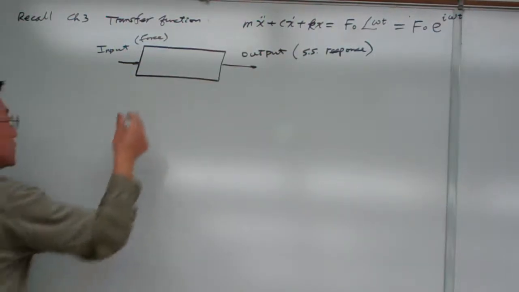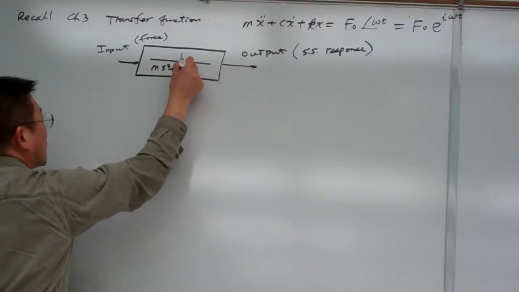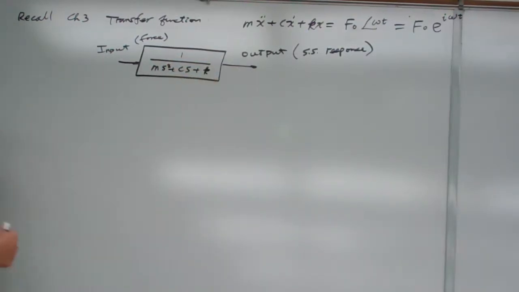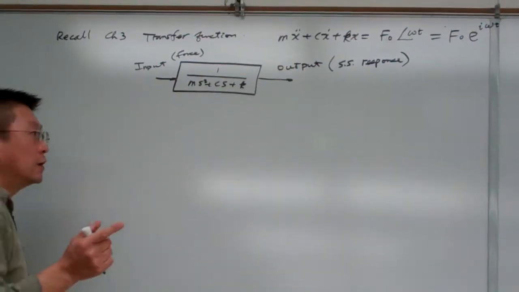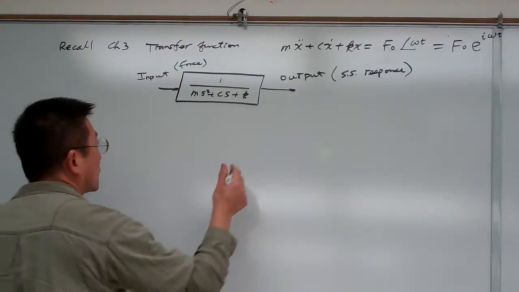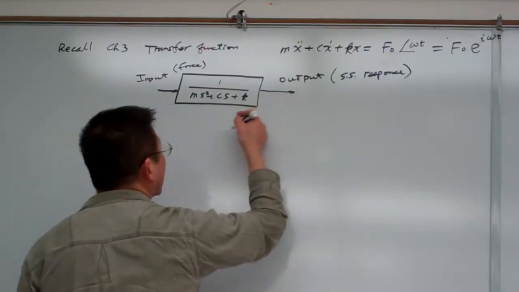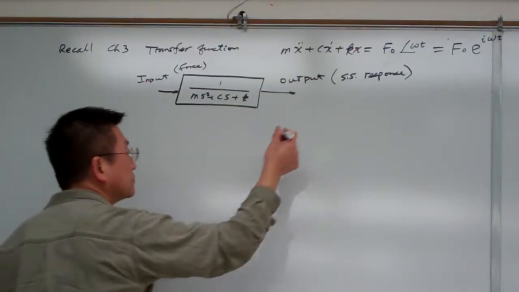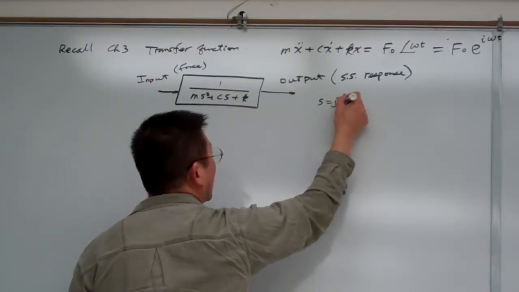Okay, the system, we know that is m s squared plus c s plus k. Again, this has been summarized in the first 2 or 3 pages in our homework 6 or 7 after that. So for this case, we replace s by j omega.